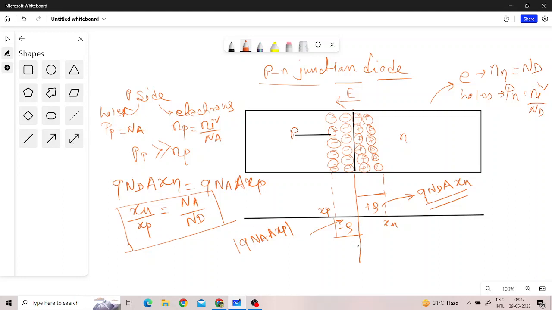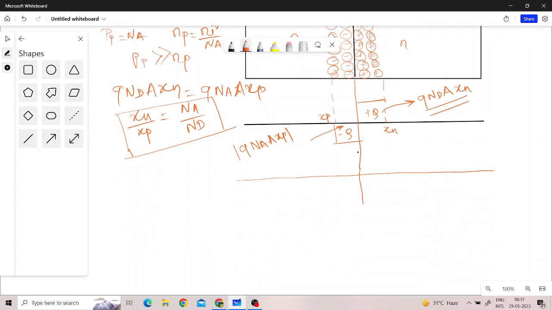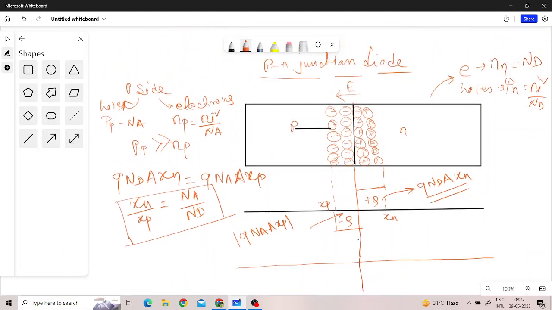Okay, now let's plot the electric field also here. Now how do you determine the electric field? At the edge of the depletion layer the electric field is zero, no electric field there.